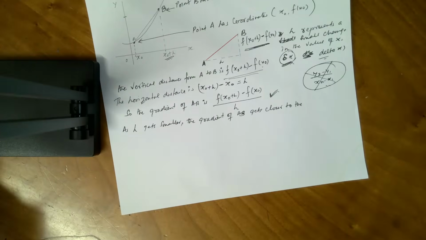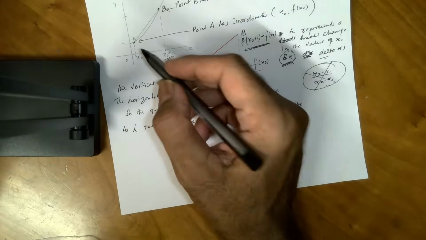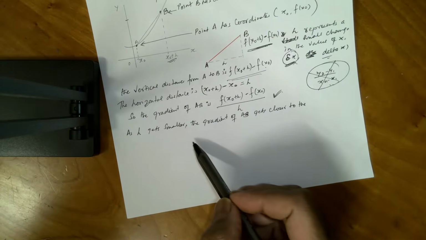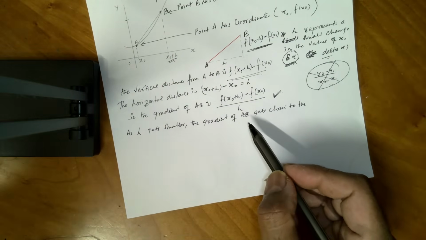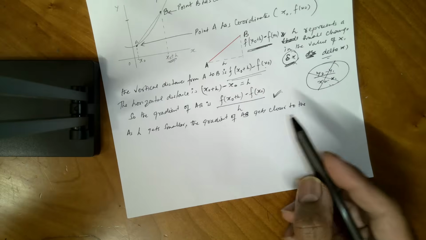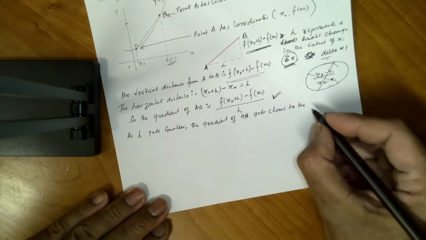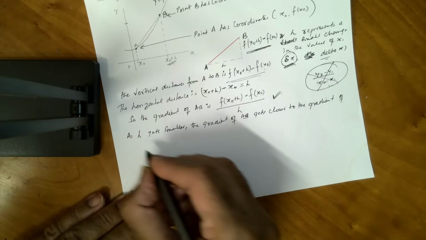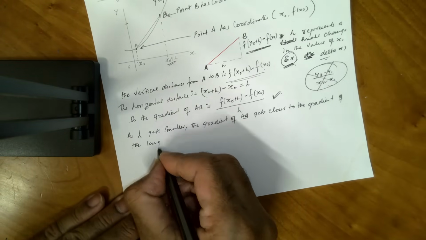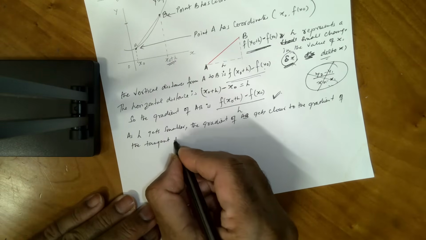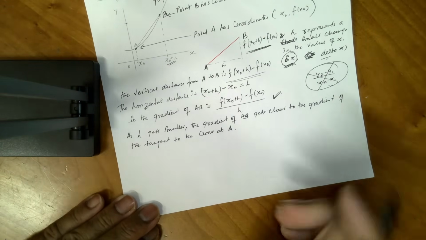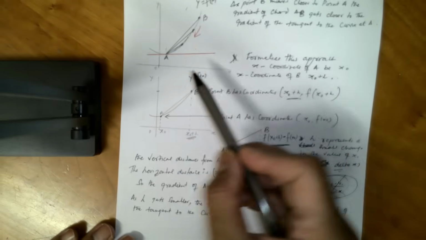Okay, so if you have any point here, any tangent here, as what we discussed, that's exactly what we're saying: as h gets smaller, the gradient of AB gets closer to the gradient of the tangent to the curve at A. So that's your tangent.